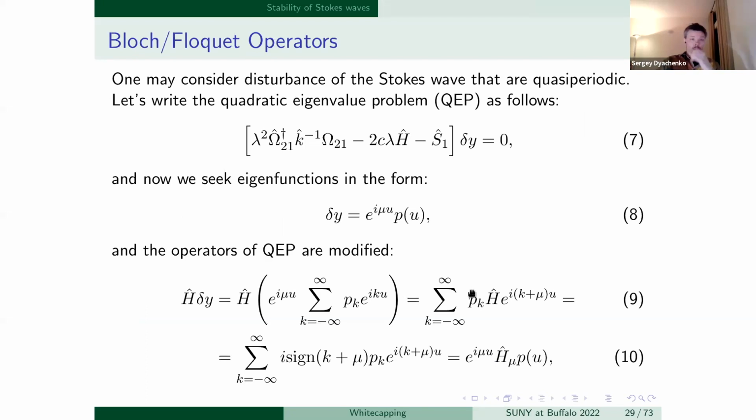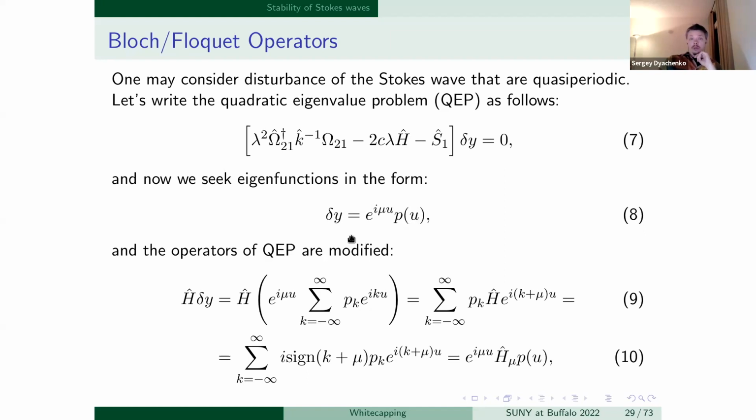I'm already out of time, so let me very briefly glance over it. The eigenvalue problem can be rewritten in a quadratic form as follows. And when we're considering quasi-periodic perturbations, delta y has the form of a Floquet exponential times some 2 pi periodic function of u.